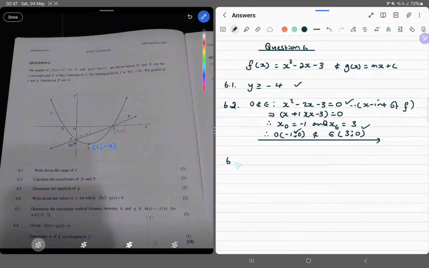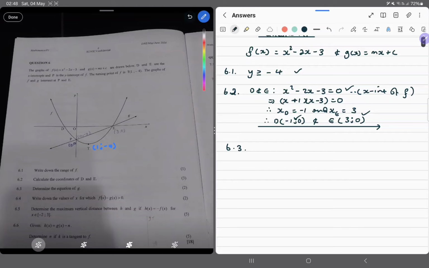This was 6.2. 6.3, we need to determine the equation of g. That's easy. For us to find the equation of g, we need the gradient. First of all, we need to show that point P is going to have the coordinates (0; -3). How do we know this? This is the y-intercept of f.